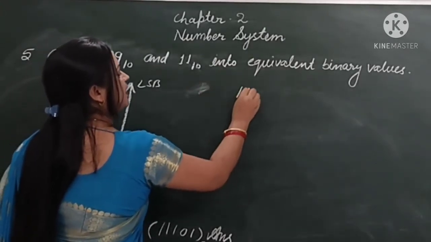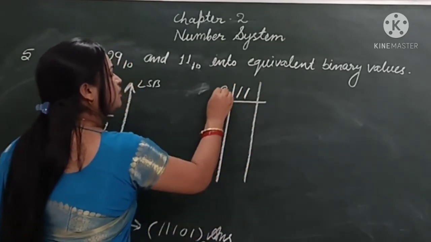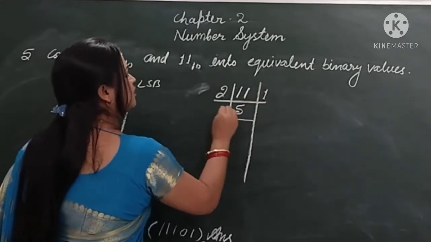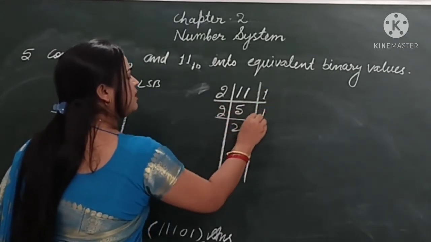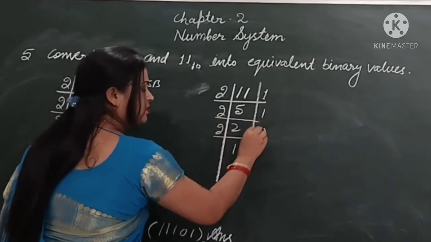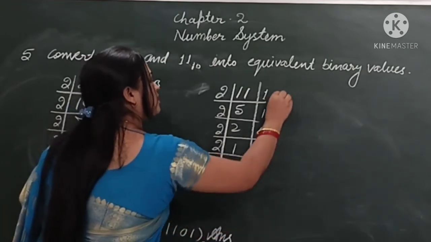Next part is 11. Here write 11, and then we divide this 11 by 2. 2 5s are 10. Remainder 1. 2 2s are 4. Remainder 1. 2 1s are 2. Remainder 0. 2 0s are 0. Remainder 1. Draw the line.